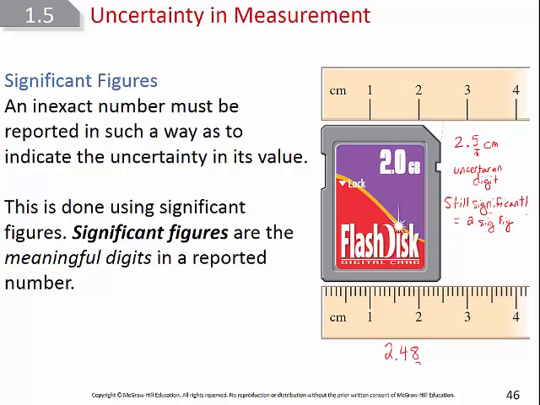It is uncertain. There is some possible level of error in there, but it is still significant. So 2.48 centimeters, and this would have 1, 2, 3 sig figs, significant figures. So the number of significant figures in these numbers depend on what instrument was used to take that measurement.